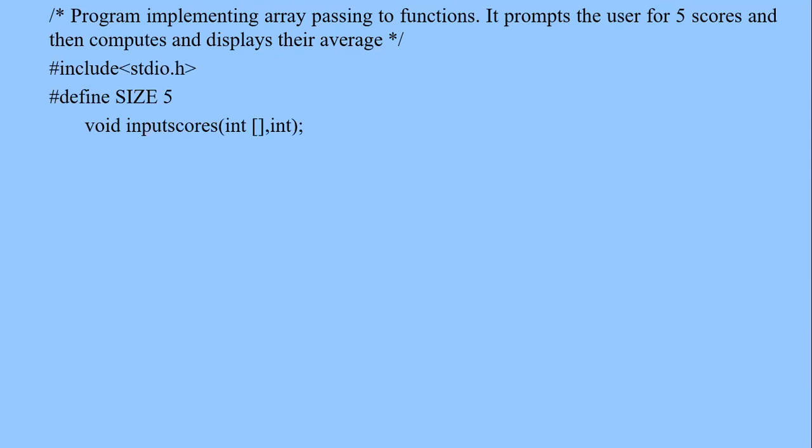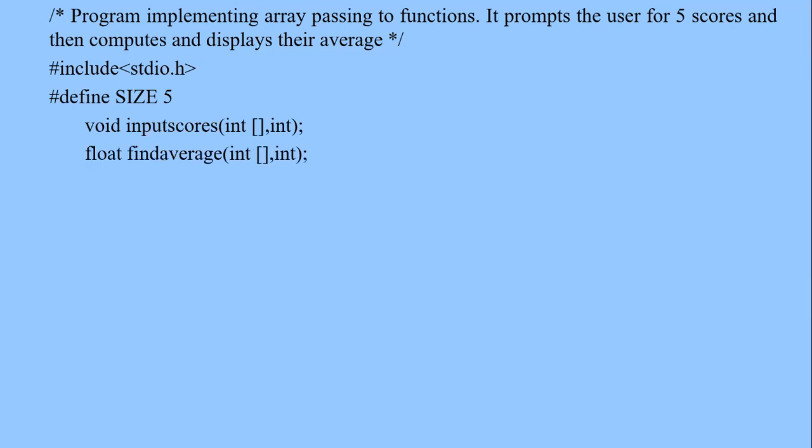And it is also going to have another parameter of type int. So this void function called input scores has 2 parameters. One parameter is an array of type int, and the other one is of type int.